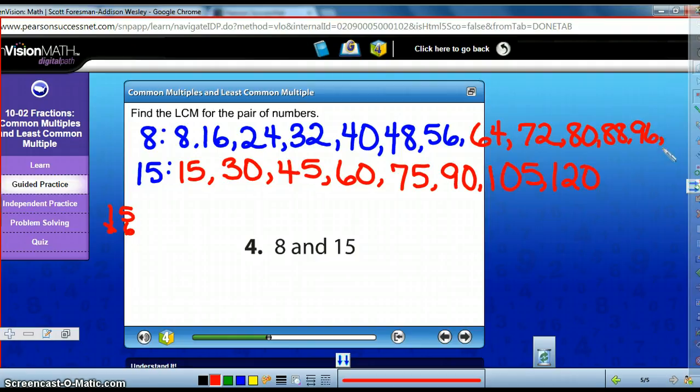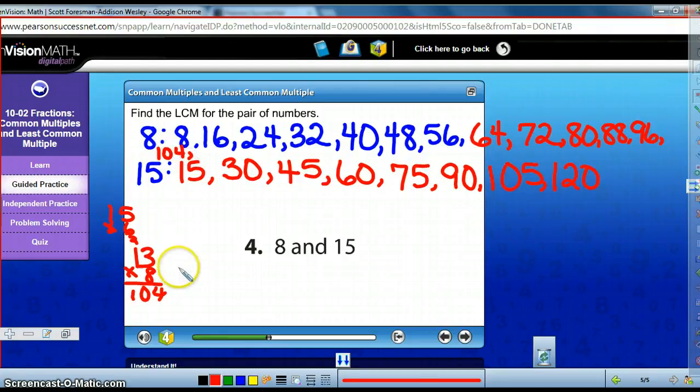Are you kidding me? We have 90. 8 times 13 is going to be 104. 104. 105. No, one more.